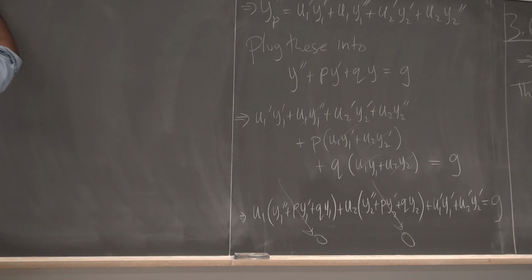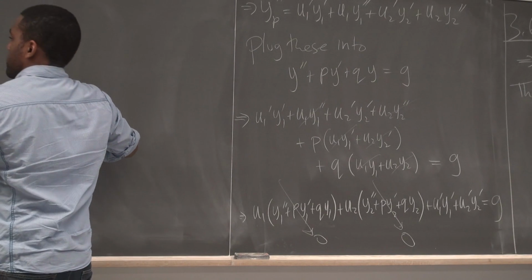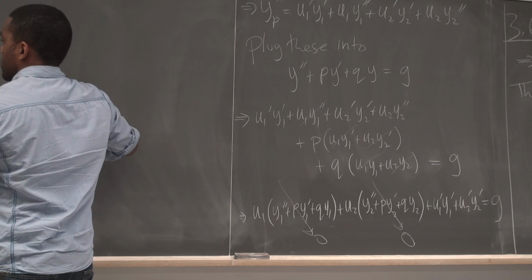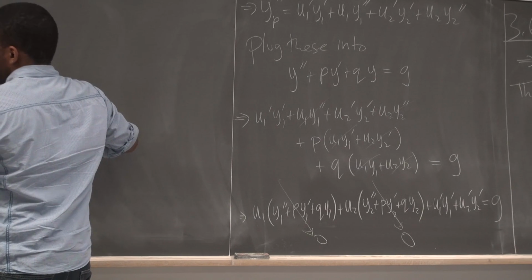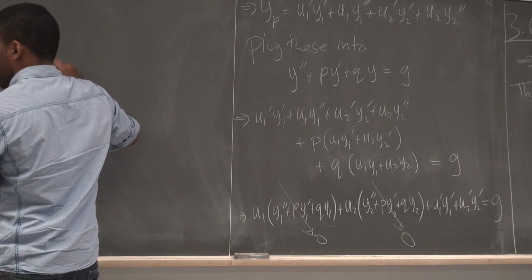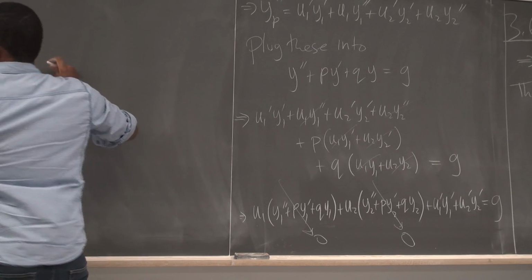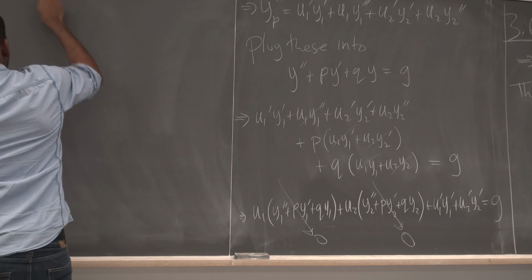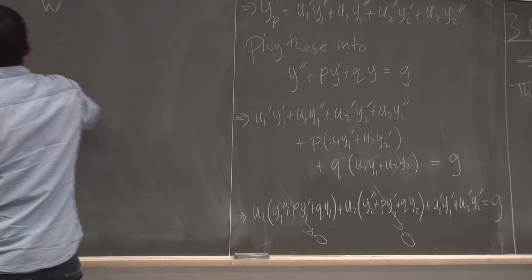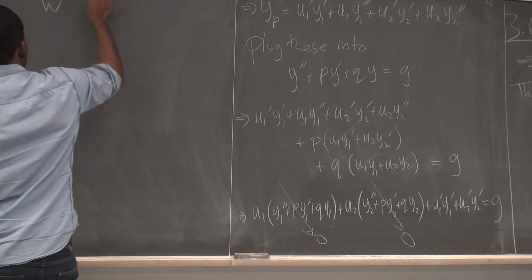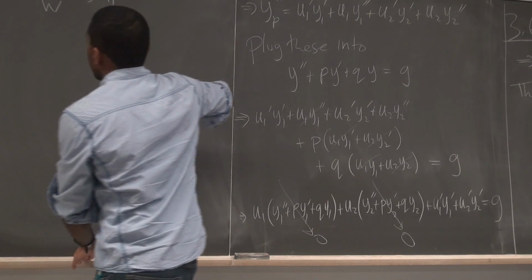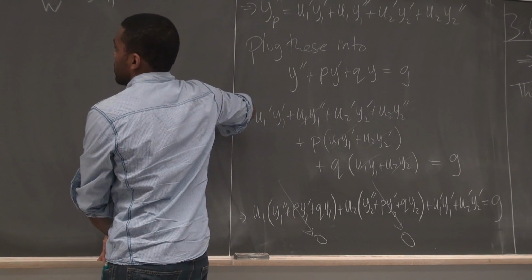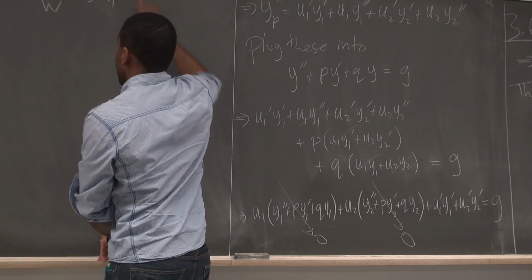So now what do I have? By Cramer's rule, what is the solution for u1 prime? Tell me in terms of w's. w1 over w, w1 divided by w. This would mean that u1 must be equal to the antiderivative of that.